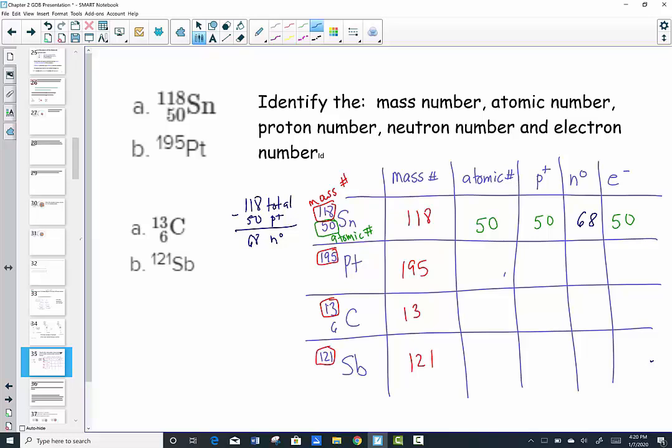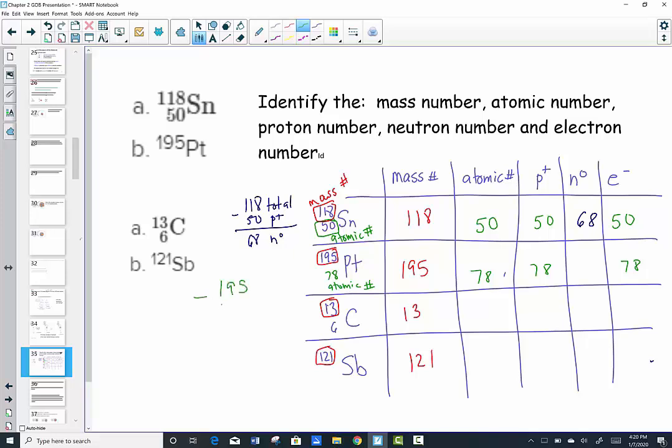I wasn't given that. I had to go find it. So I'm going to write down that 78 is its atomic number, but I had to look it up, and I knew it because I knew the elemental symbol. And now I can fill in 78 as the atomic number, which is also protons, which is also electrons.